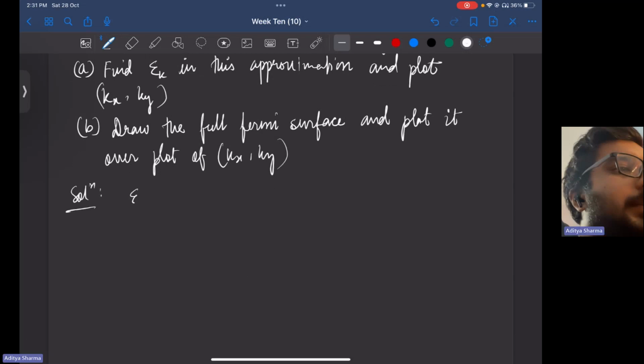So we had E_k for a 2D tight binding model like this. I've taken a as one.